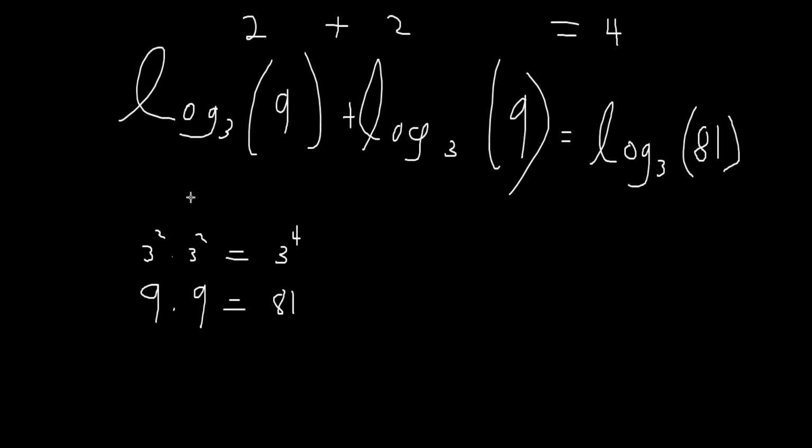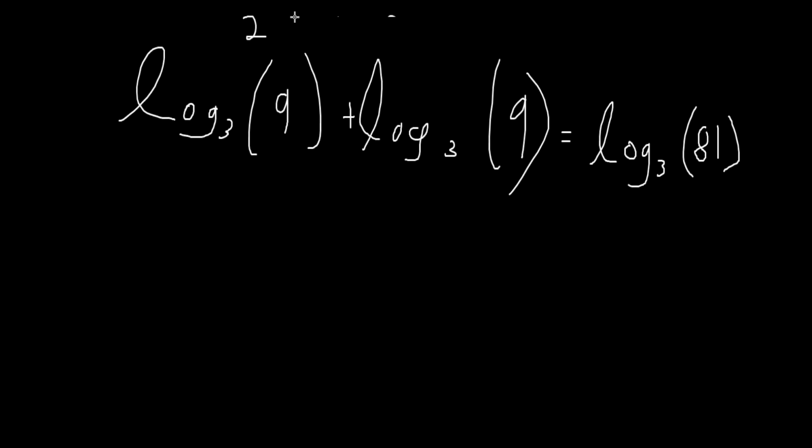But the important part here is that because 3 to the 4th is 81, that's how many 3's we need to make 81. So that would make the logarithm's value 4. Which is good, because that means that logically we're being consistent. 2 plus 2 is in fact 4. Sometimes you make a little mistake and you write something off and it's like, wait a minute, 2 plus 3 isn't 4. That's weird. But anyway, 2 plus 2 is 4.